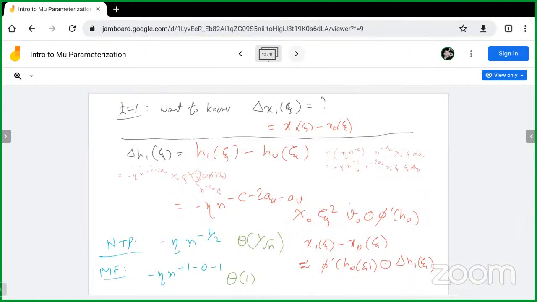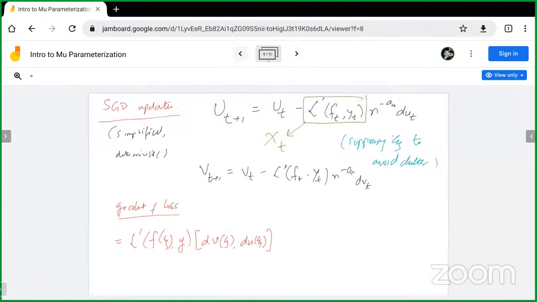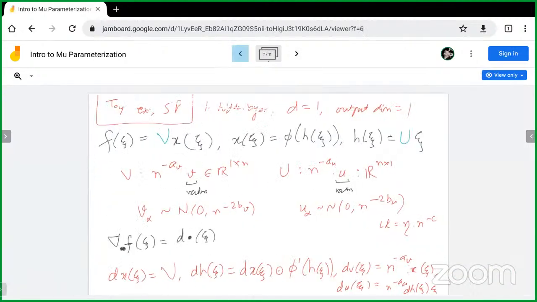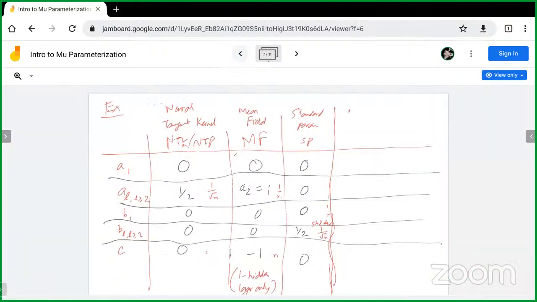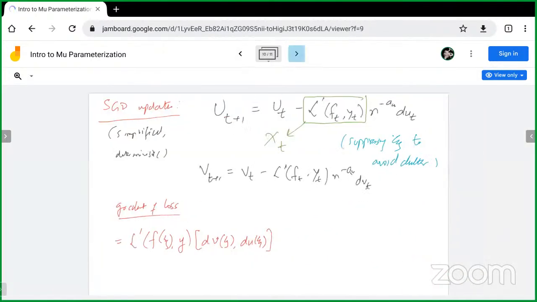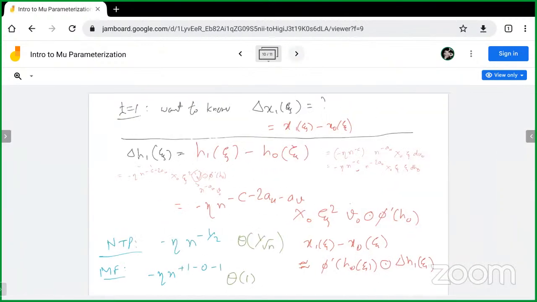Okay, and what about standard parameterization? Let's also check that. So in SP, everything is 0 and the P is a half. Then how do you think of this?